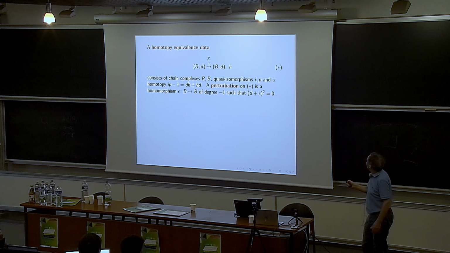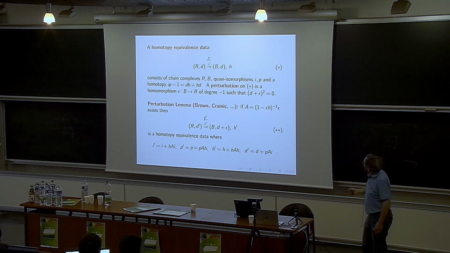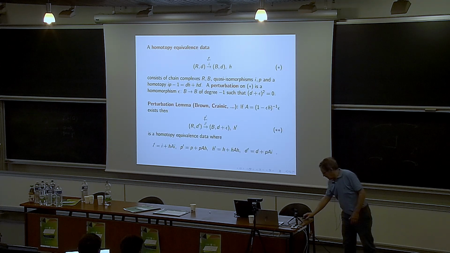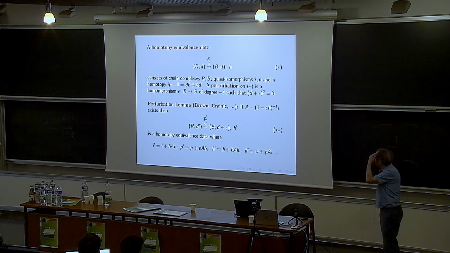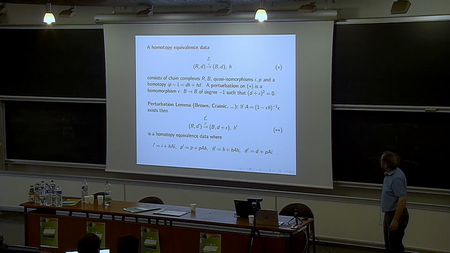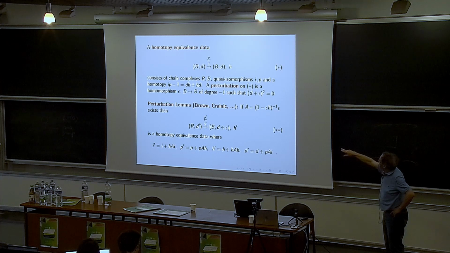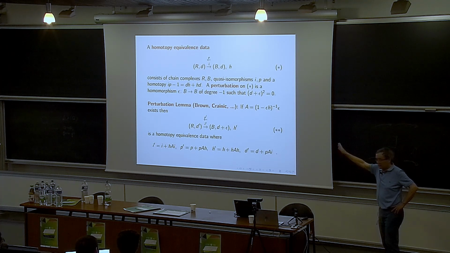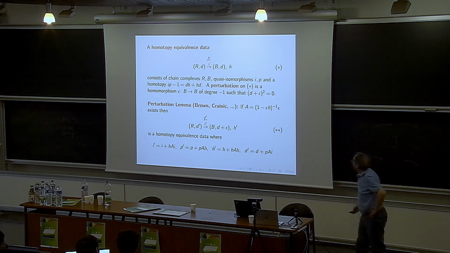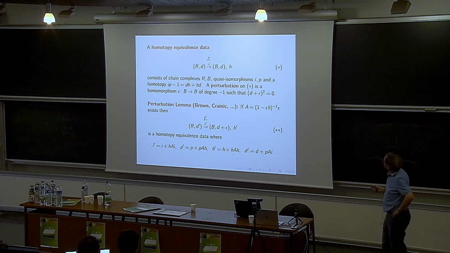So this should be a chain complex. And then the theorem goes back to various people. I cite Brown because Ronald Brown was my PhD supervisor, but there were other people at the time. The description of the lemma that I've taken is due to Kranick more recently. So the description is slicker than in the original papers.